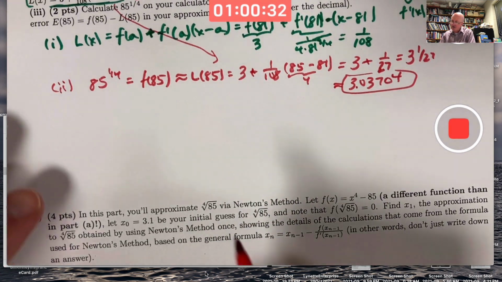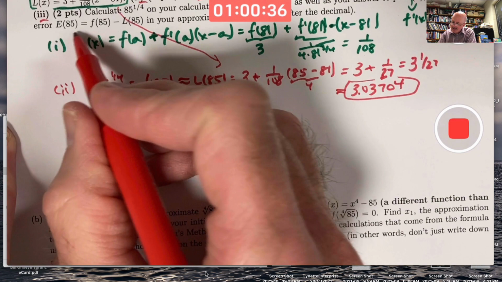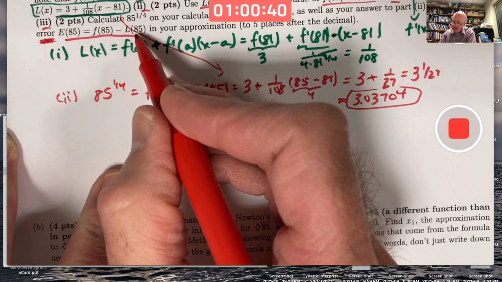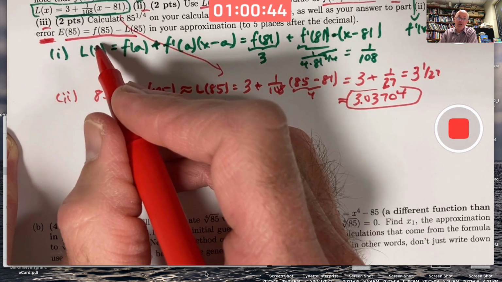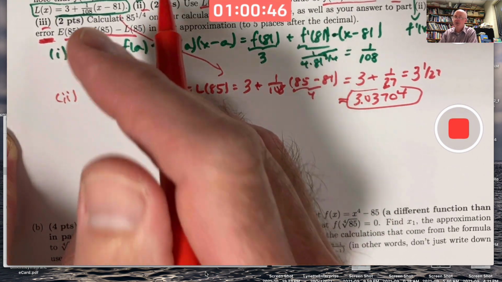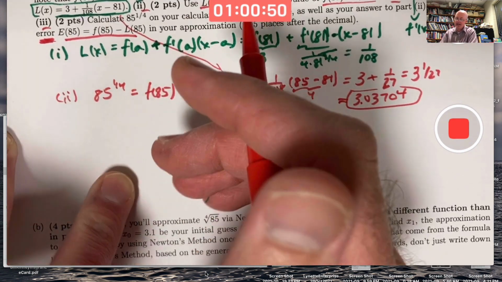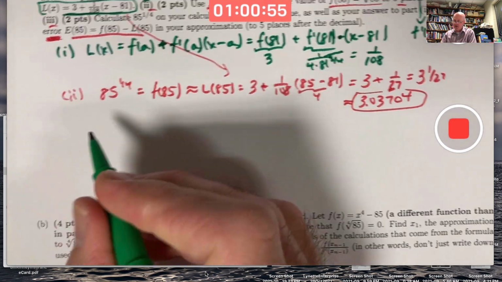In fact, in part 3, we are estimating the error, which is the actual value minus the approximate value. Error, and that's fortunate, it goes in alphabetical order. Actual minus approximate. Actual AC comes in the dictionary before approximate AP. And I've almost done the work here.